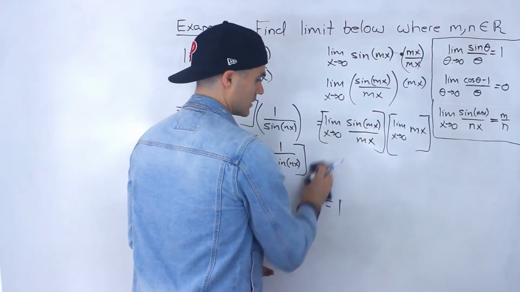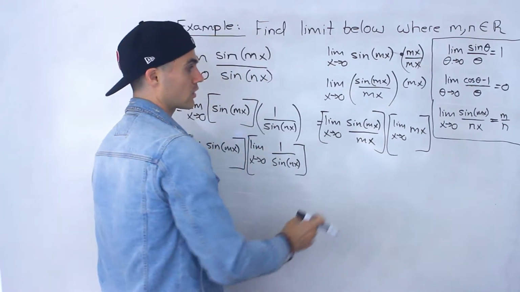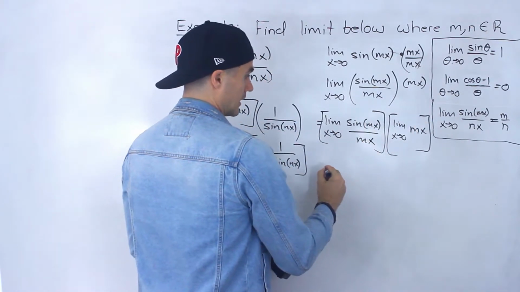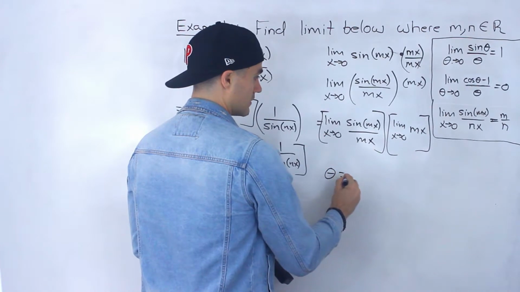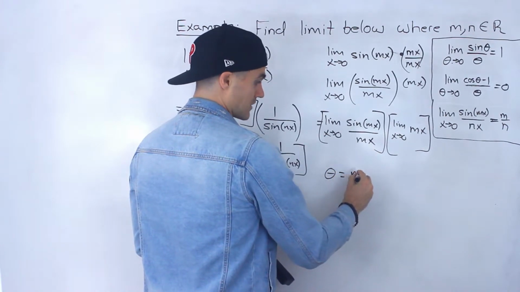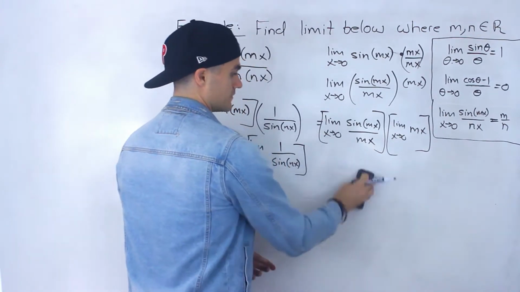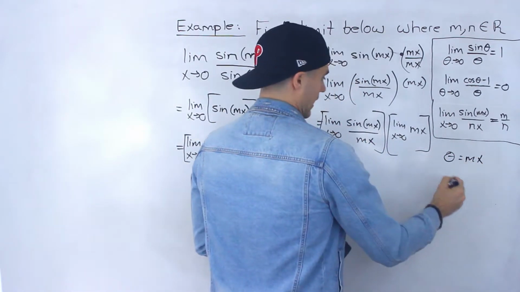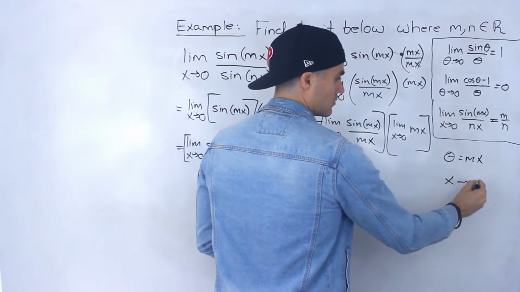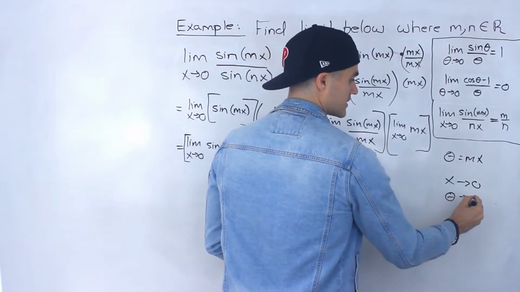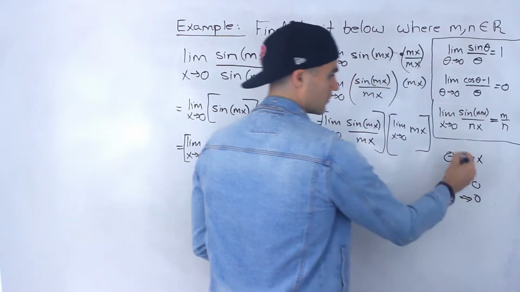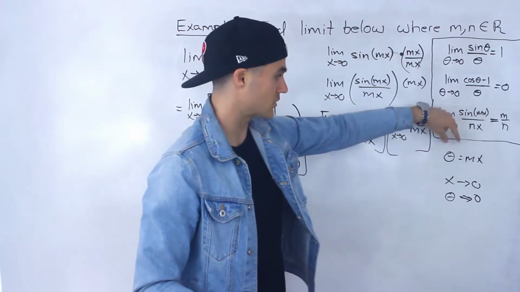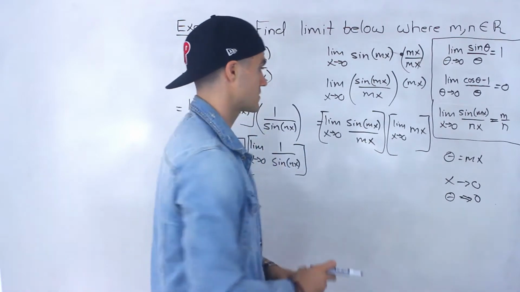But if you want to show it with a little bit more work, we can use this result. We could do a change of variables. We could let theta equal mx. Let's actually do it on the side here. As x approaches 0, m times 0 is 0, so theta is going to be approaching 0 as well.